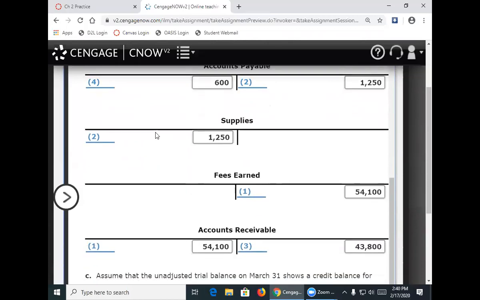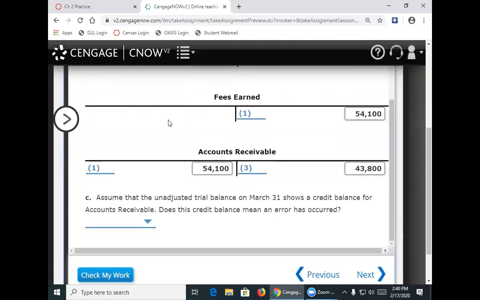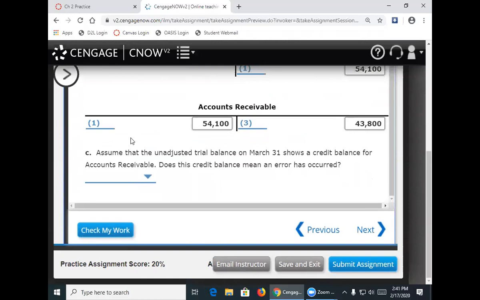And then let's see, the very bottom, it has a question for us. It says, assume that the unadjusted trial balance on March 31st shows a credit balance for accounts receivable. Okay. So does this credit balance mean an error has occurred? No. What could have happened to get a credit balance?